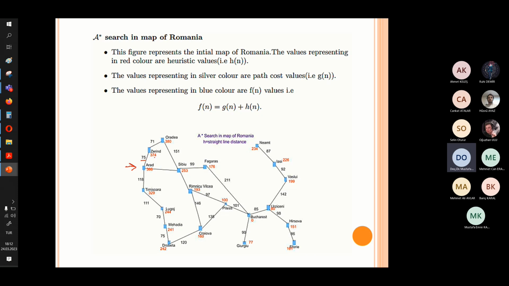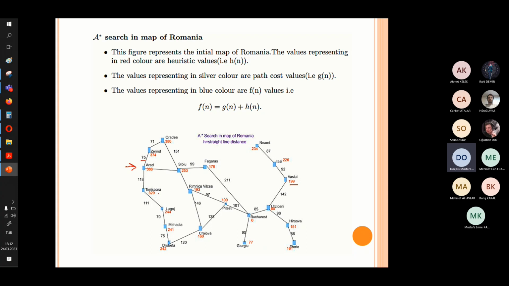Red ones are the estimation, the crow fly distance. The crow fly distance from Zerind to Bucharest is 317. For example, from Vaslui to Bucharest, the crow fly distance is 199, but the actual distance is 142 plus 85.